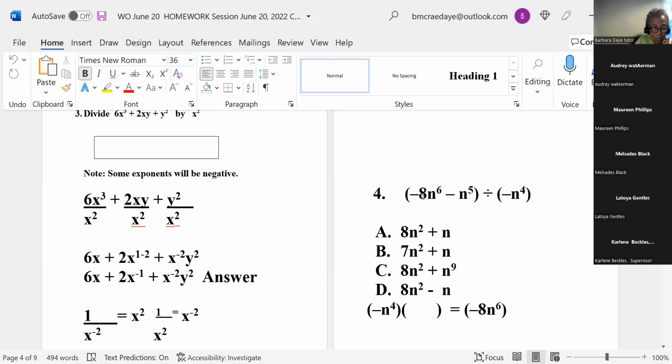All right. So Maureen, what we're doing, we're factoring the minus 8n to the 6 into the factors minus n to the 4th plus another factor. And we'll do it also for the n to the 5th. So now, Maureen, what goes here? What can I multiply by minus n to the 4th to get minus 8n to the 6? I want to multiply a factor right here times minus n to the 4th to get minus 8n to the 6th.